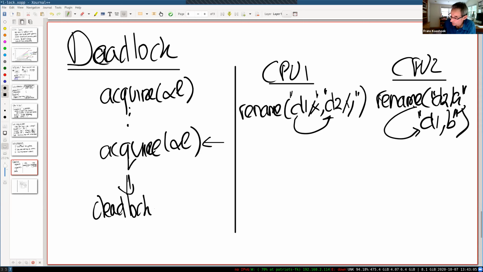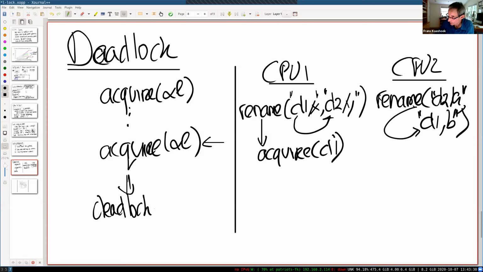So let's assume that we acquire the locks in the order of their arguments. In this case, we'll acquire both locks, and we know from our previous example that this is actually important. So CPU 1 will acquire the D1 lock. And let's say they run truly concurrently.